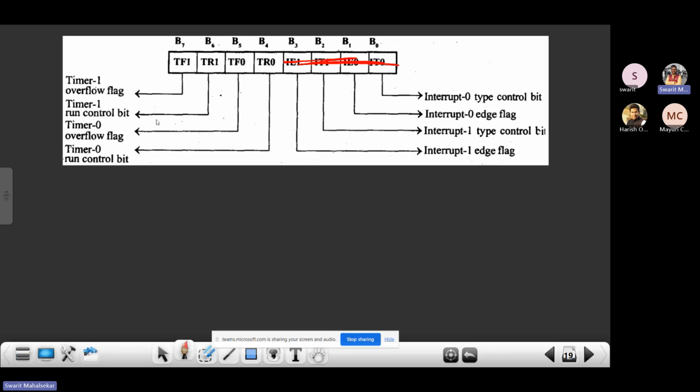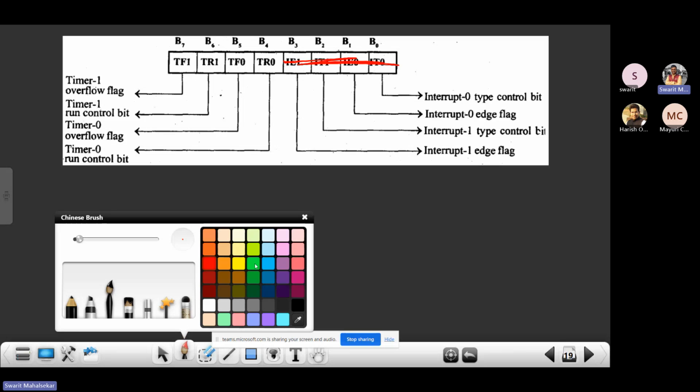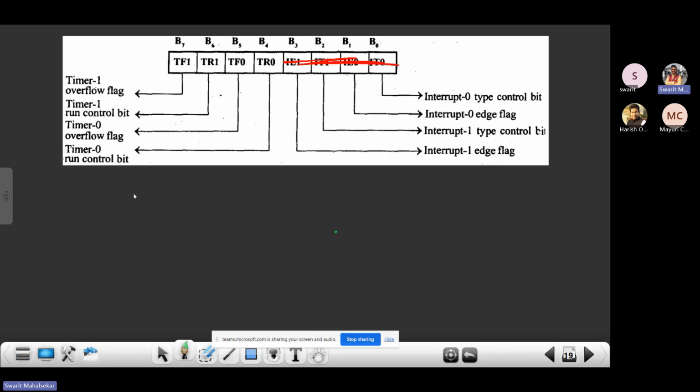So this particular register bit, that is TF bit, it is responsible to stop the operation. I'll write one more thing over here.